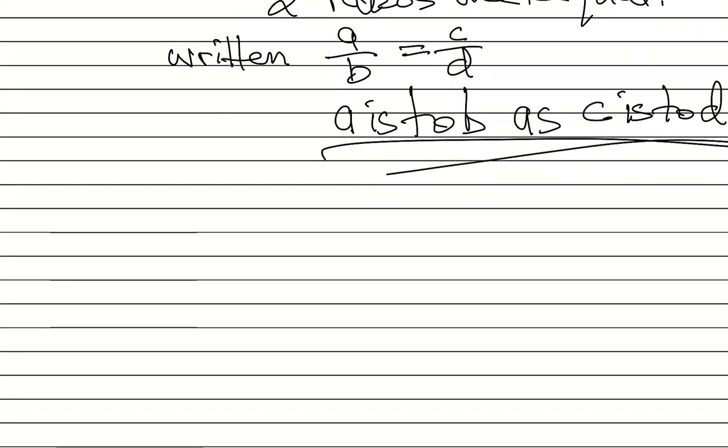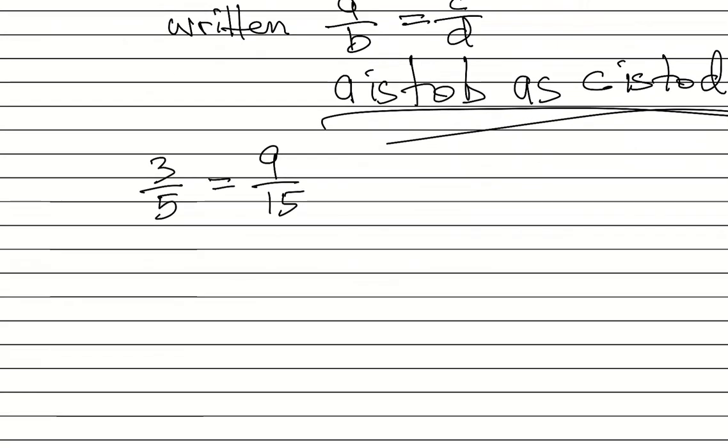So if you have something like this, 3 over 5 equals 9 over 15, from proportion you get cross multiplication, right? You can cross multiply. That's what they mean, cross multiplication. Let me write that down. This is very, very important. Cross multiplication. So there's nothing to be scared of. It's a very simple concept.